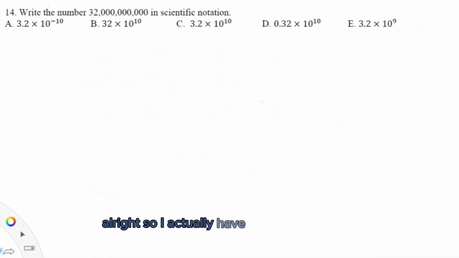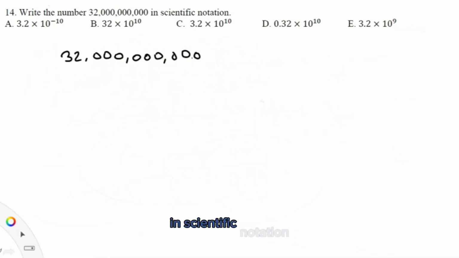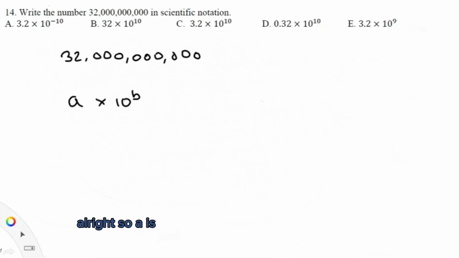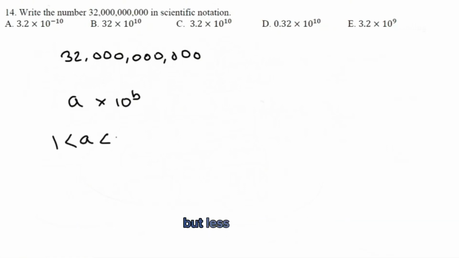I actually have a full video on scientific notation, but let's continue. Write the number 32 billion. That's 32 followed by 9 zeros. To write it in scientific notation, there's a formula: A times 10 to the power of B. A is just a number that is greater than 1 but less than 10.